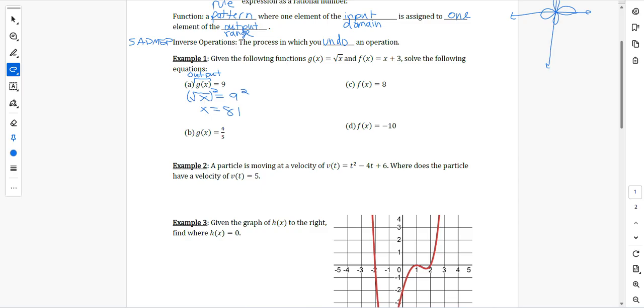B. So in this case, g of x is 4/5. So what would be the answer to this equation if the square root of x is 4/5?